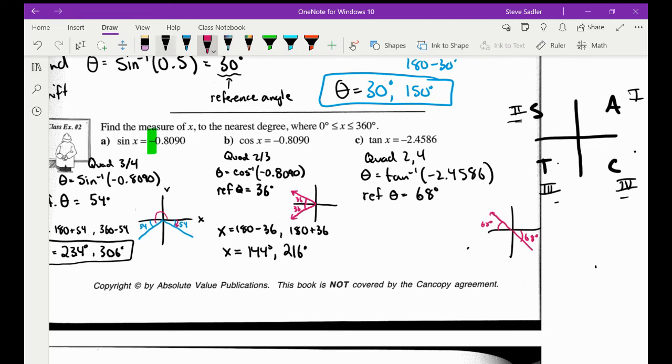So to find that rotation angle, the first one is 180 minus 68, which will give us 112. And the second one is 360 minus 68, which gives us 292.